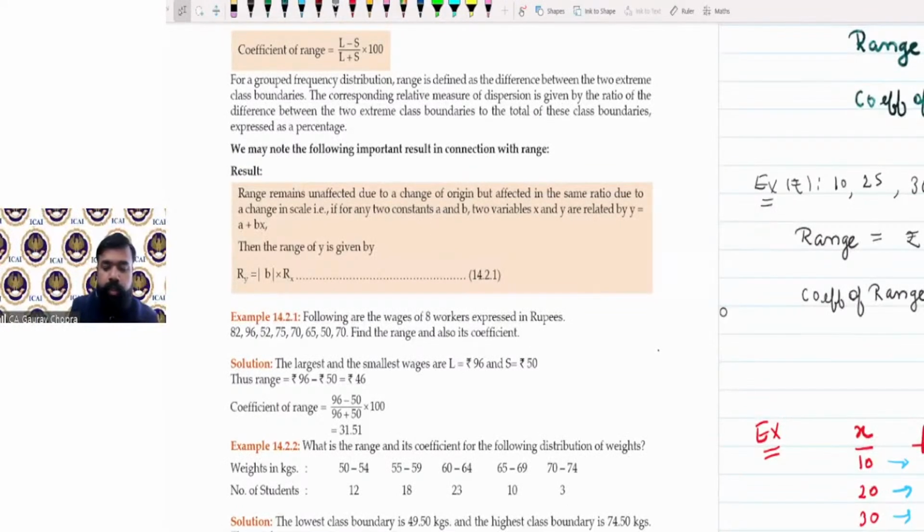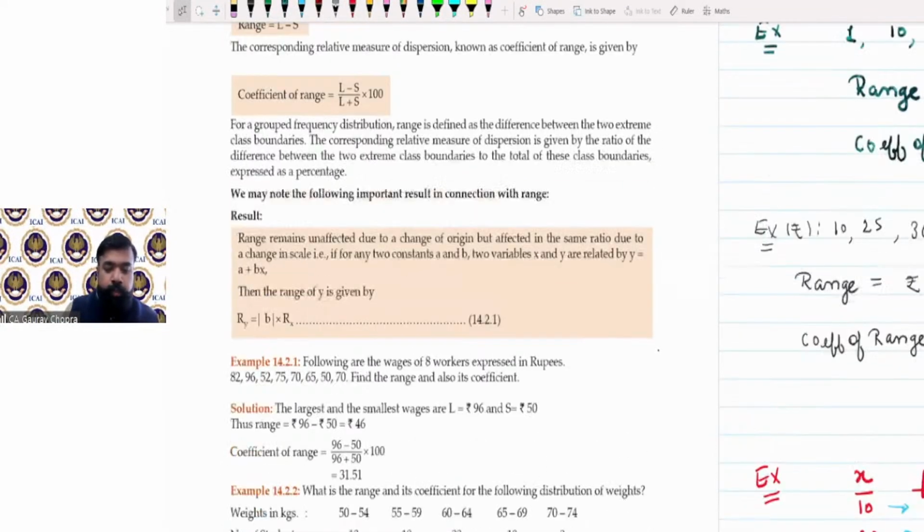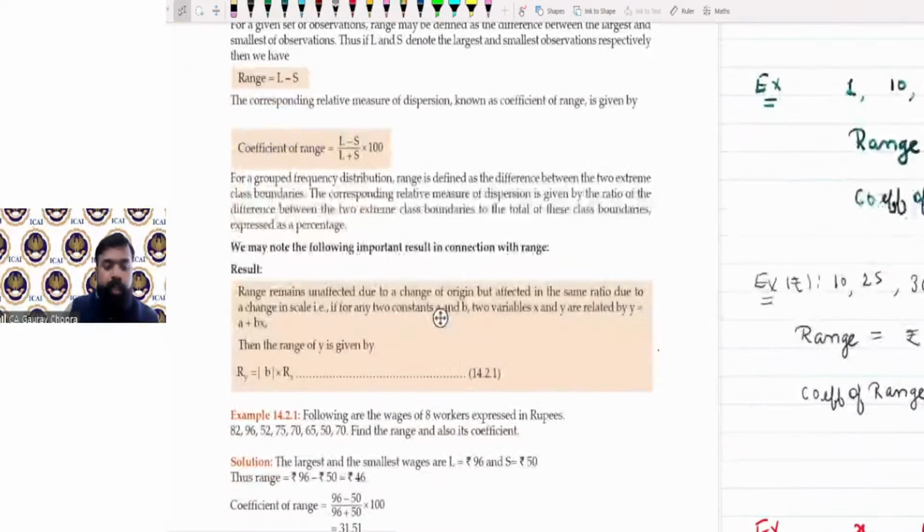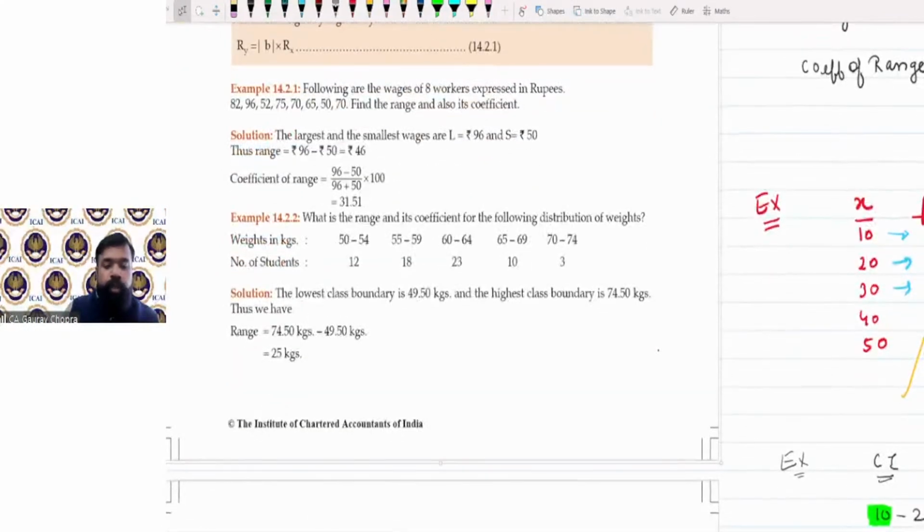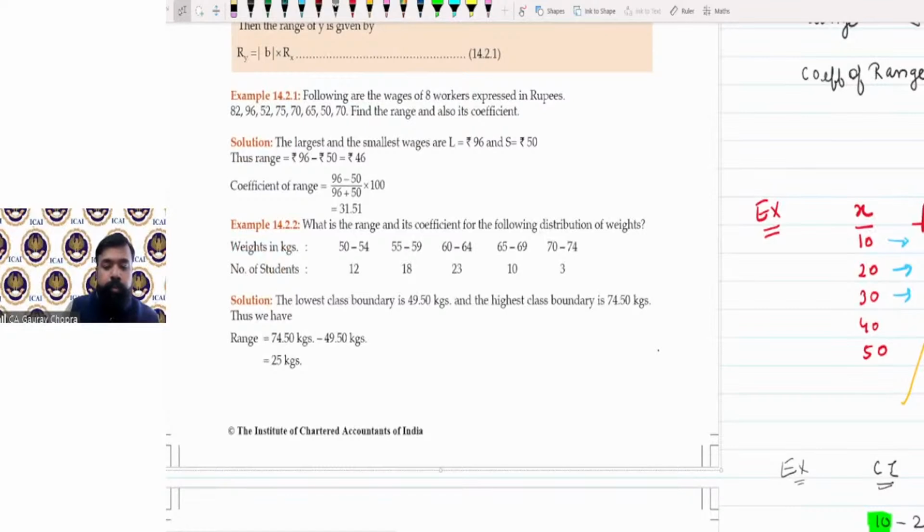So here we have page number 14.32, example number 14.2.1. In this example, we can see the following are the wages of 8 workers, expressed in rupees.